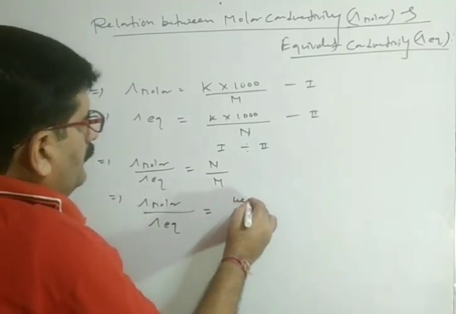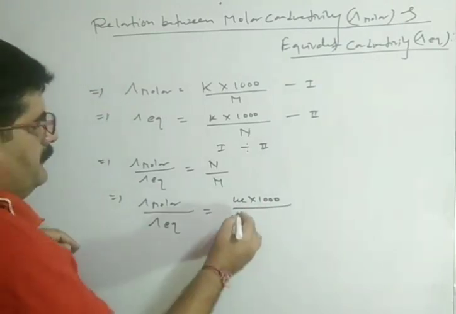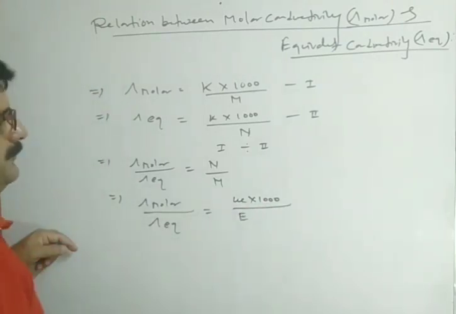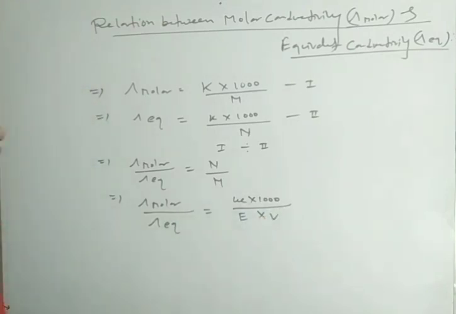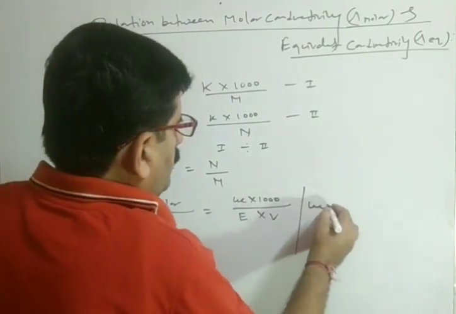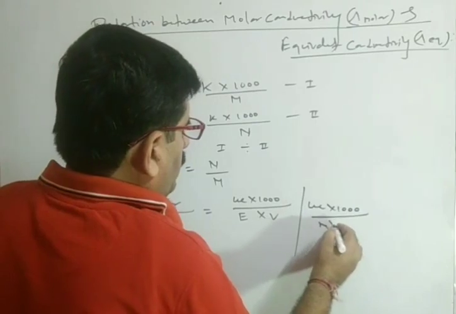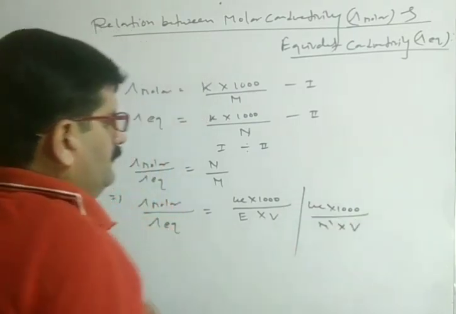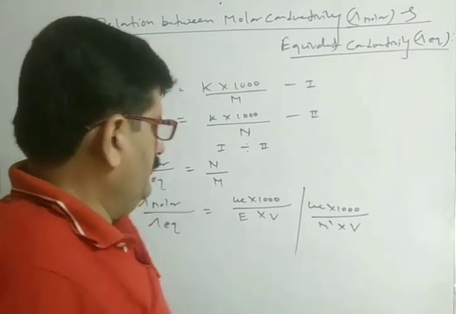Normality is equal to W into 1000 by E into V. And for molarity you can write W into 1000 divided by M dash into V, where terms have their usual meaning.